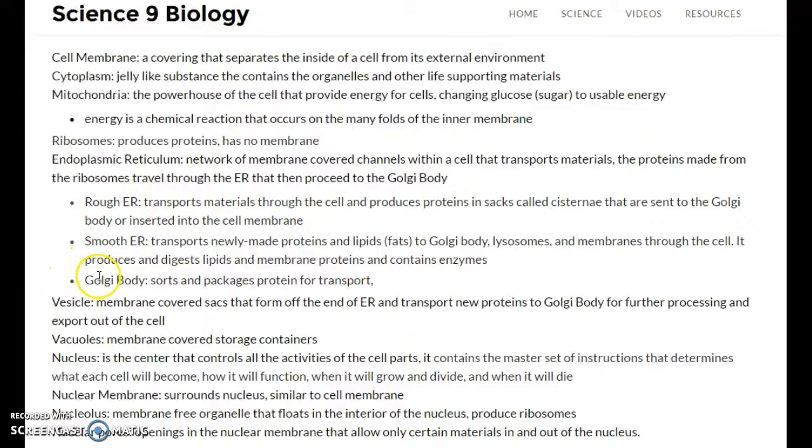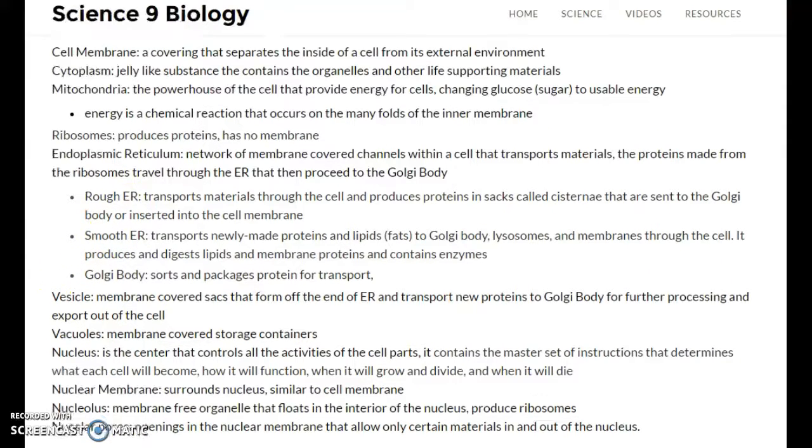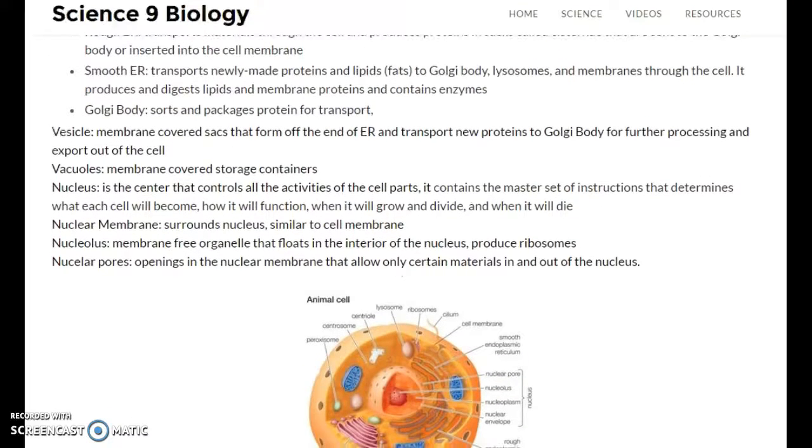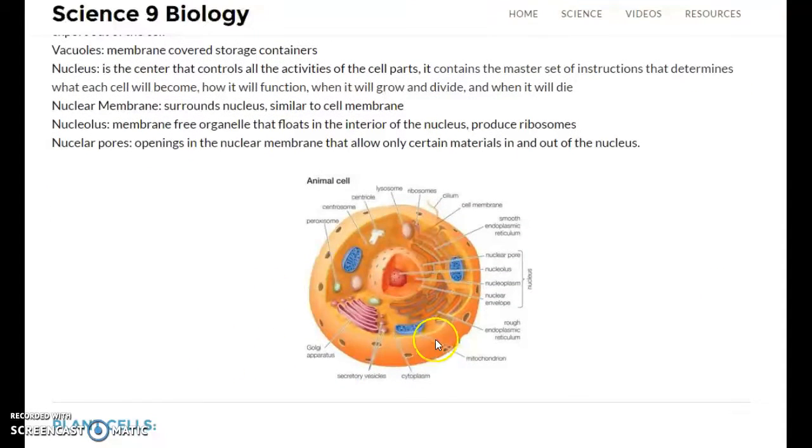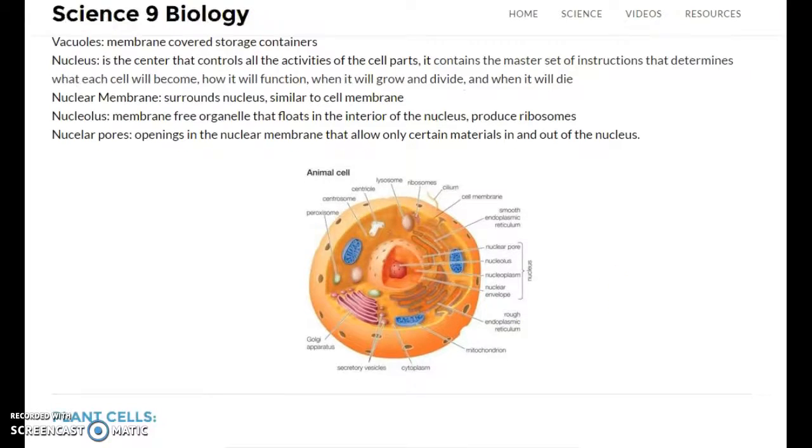And then there's Golgi body, vesicles, vacuole, nucleus, nuclear membrane, nucleolus, and nuclear pores. Here we have a diagram of where those organelles are located and what they look like.